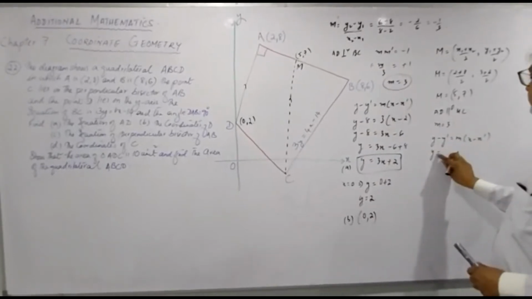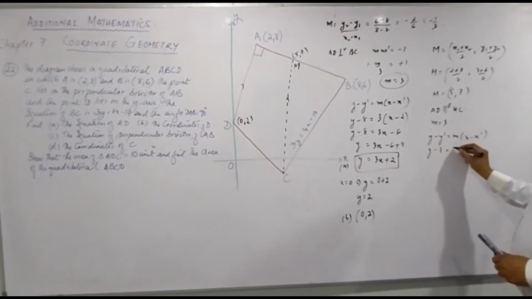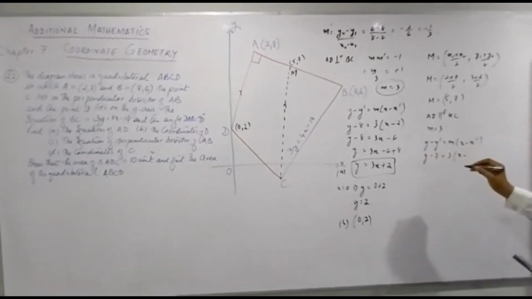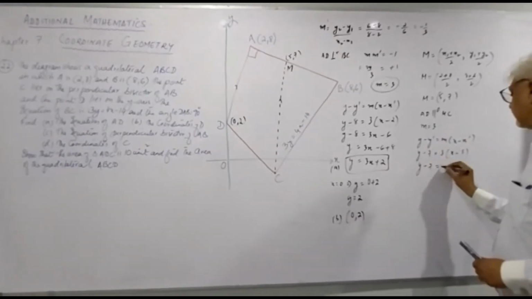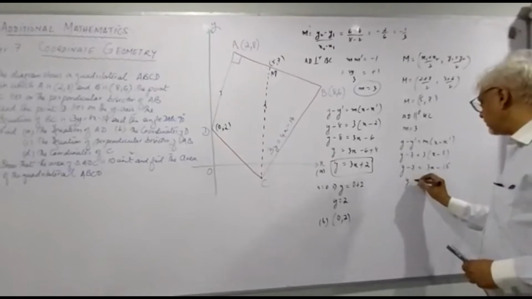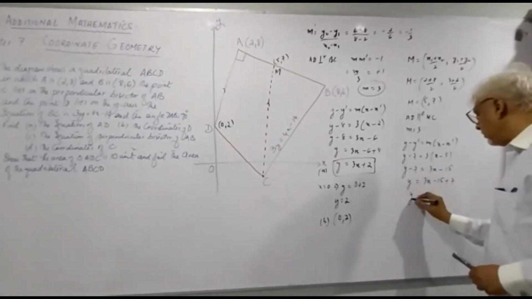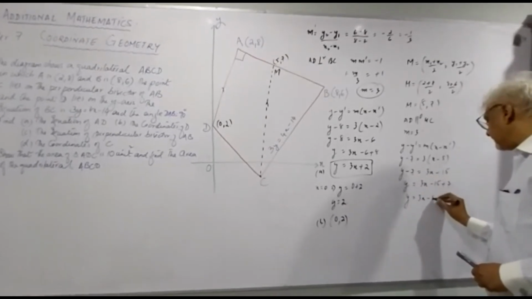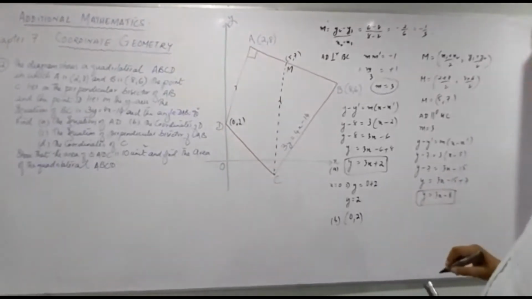Take the coordinates of M: y - 7 = 3(x - 5). So we have y - 7 = 3x - 15. This will give us y = 3x - 15 + 7, or y = 3x - 8.